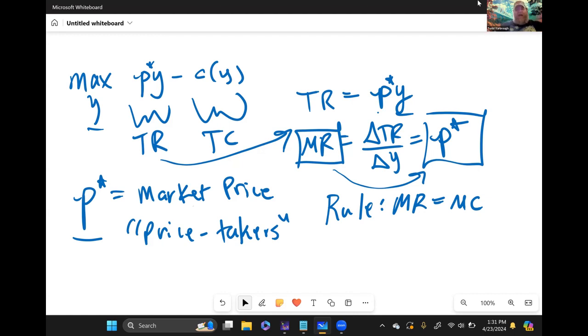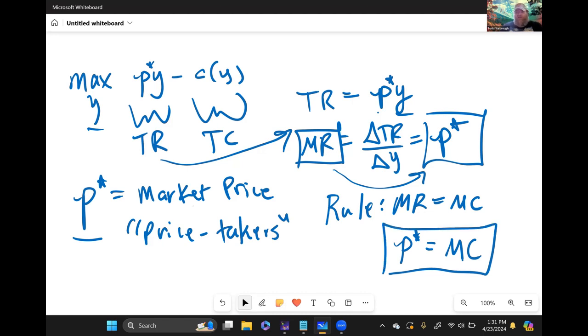Then that level of marginal revenue, which is the same across your firms, will be P star. So what we have also in competitive markets is that P star is equal to marginal cost. This is the rule. This is the thing to keep in mind throughout the remainder of the conversation. It's the most important thing. A firm ultimately maximizes profits in a competitive market when the market price P star is equal to their marginal cost. Okay, now why? Why is that?